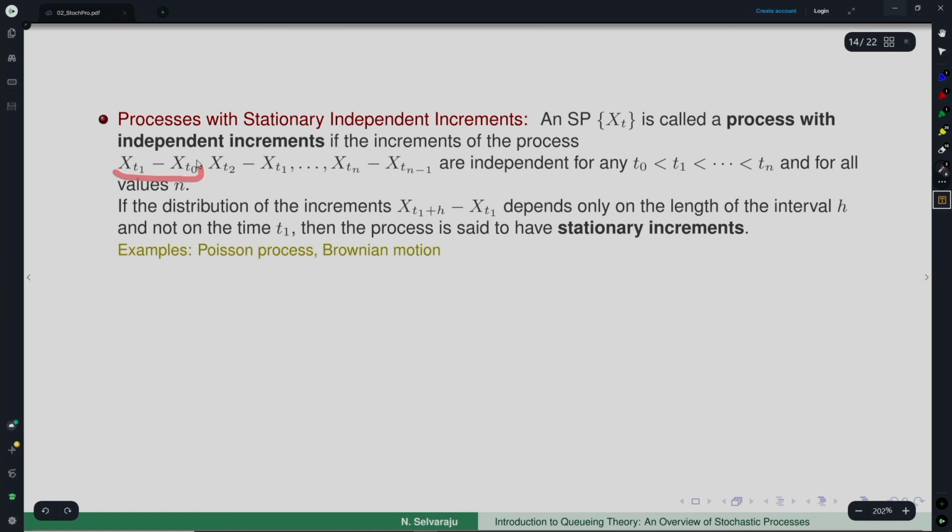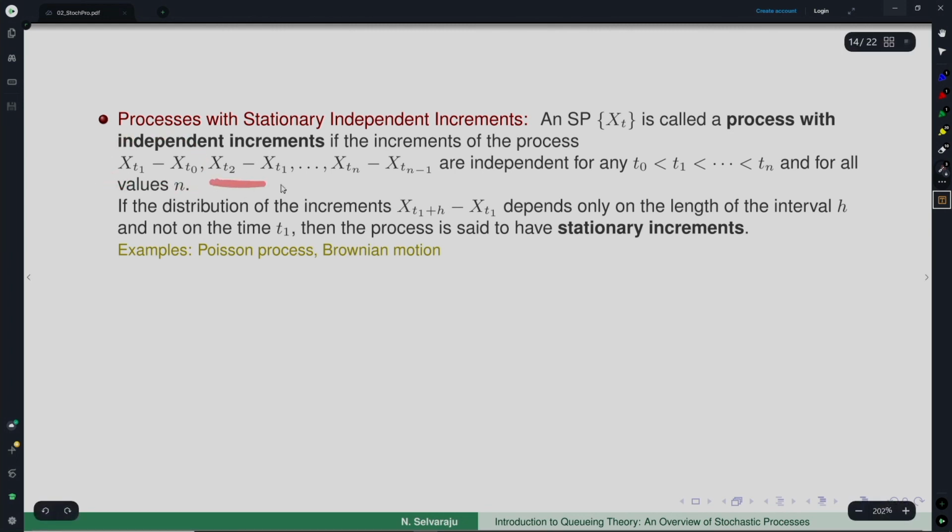That difference in the state of the process is a random variable, and this is what is called an increment of the process in the interval t0 to t1. It does not mean it always goes up, it is just the change that you make. So, we call these the increments of the process.